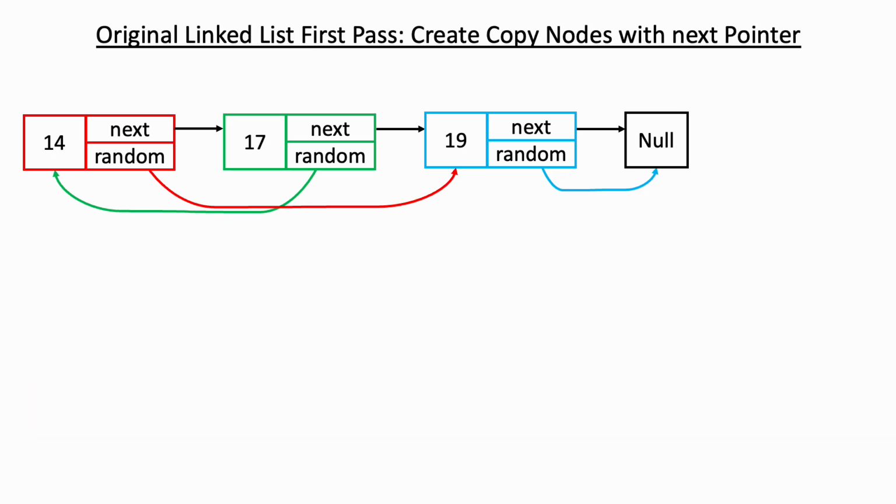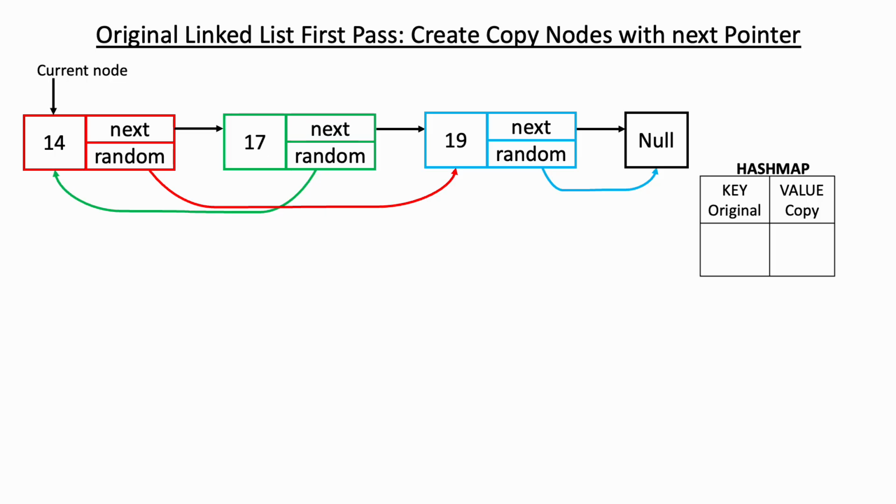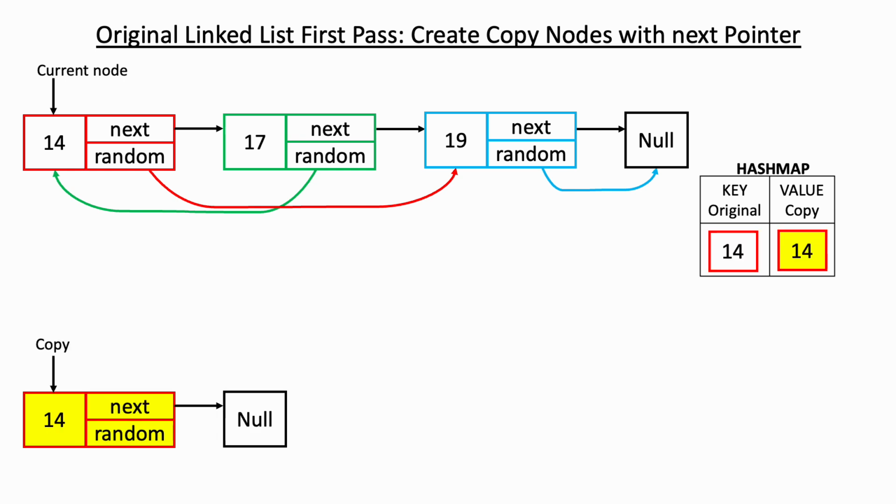We will start by initializing the HashMap to empty. We will traverse the original linked list starting with the first node 14. In the first pass of the linked list, we will create clone nodes of the original linked list with only the next pointer and maintain a mapping of original node to the copied node. We create a copy node of the current node and make an entry in the HashMap to maintain the mapping of original node to copy node.